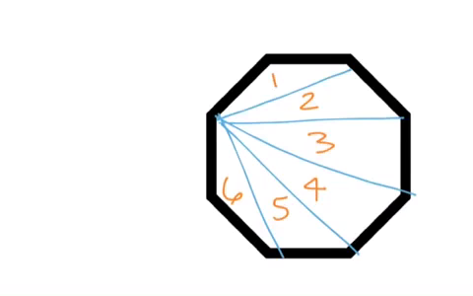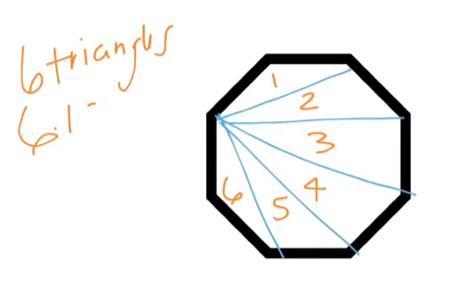So there are 6 triangles in an octagon, in a regular polygon that is an octagon. Well, how many degrees make up a triangle? 180, correct. So 6 times 180 equals 1080. Okay? So keep that in mind.